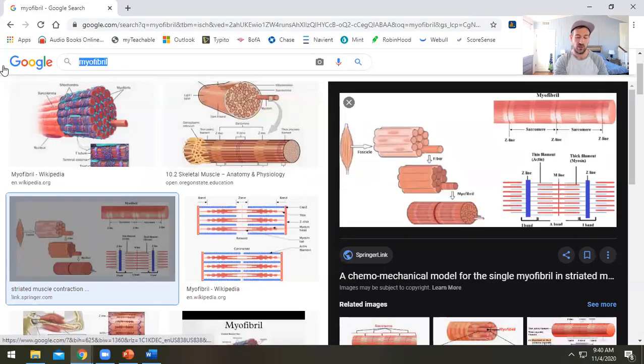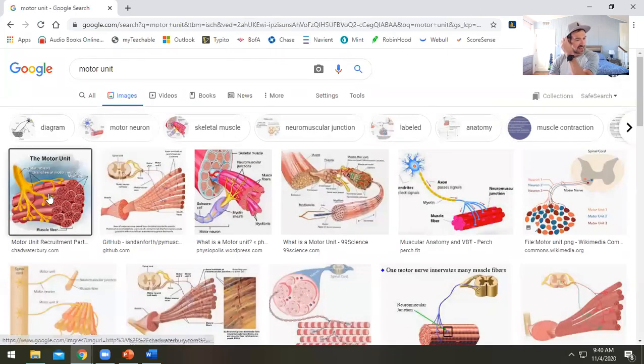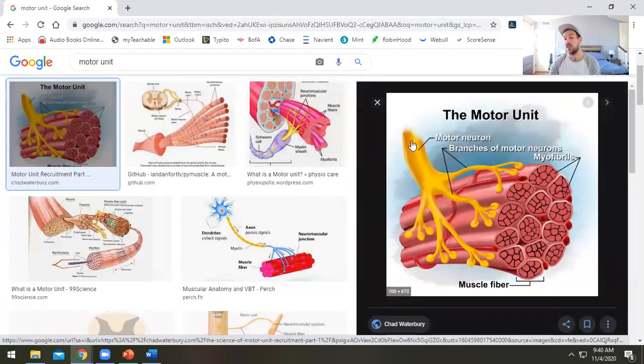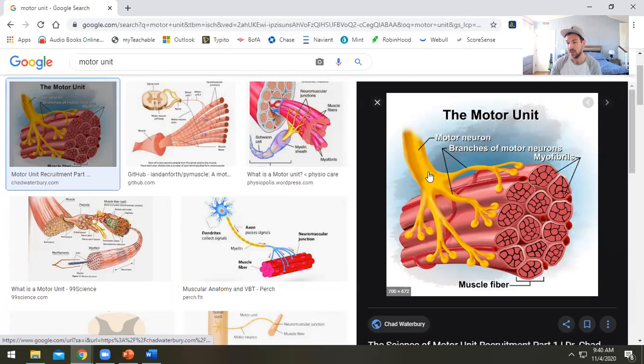What's kind of cool is if you look at a motor unit, it's actually one neuron. You can see the tail end of the neuron here. But see how it's attached to this muscle fiber and that muscle fiber and that one and that one? It's attached to a lot of individual muscle fibers.